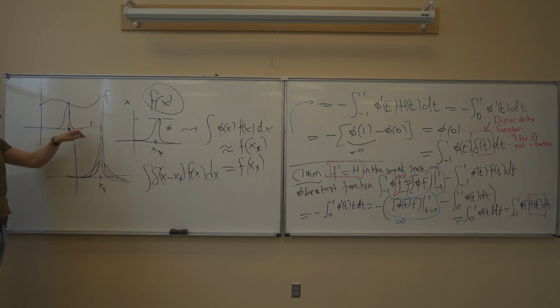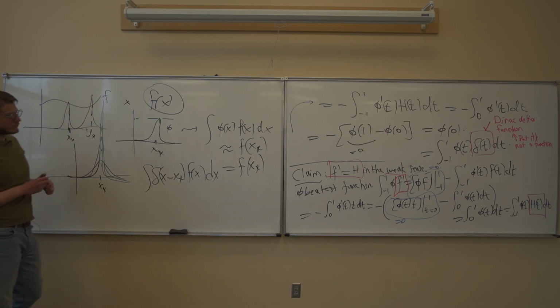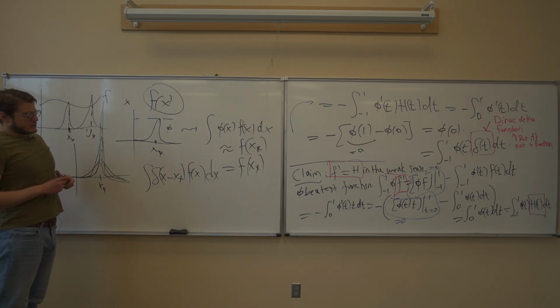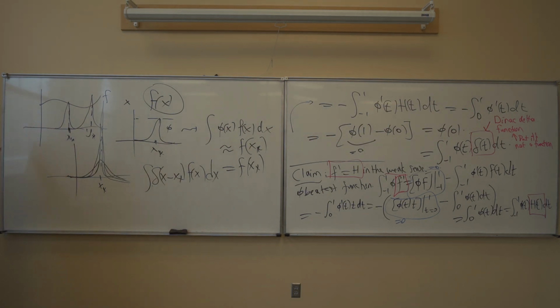If you want to figure out the value of f at, let's say, y star, then you do a similar thing, but now your bump function has to be here. Okay? Any questions so far? Okay.